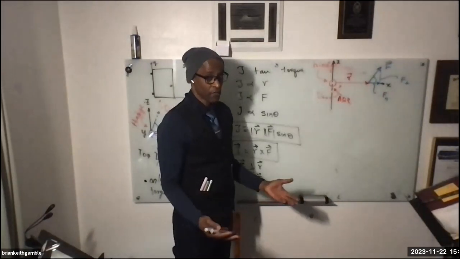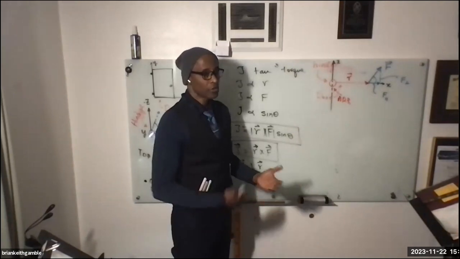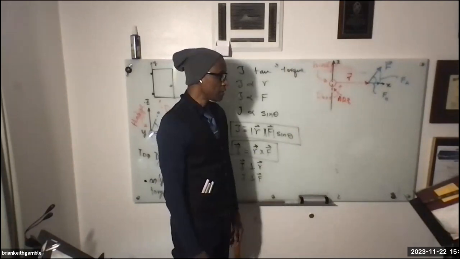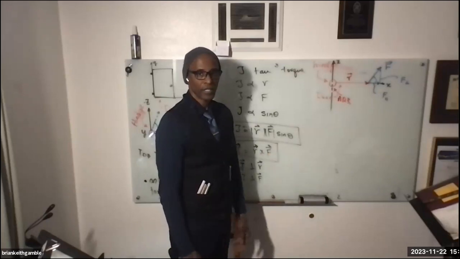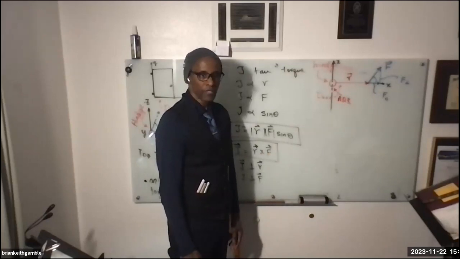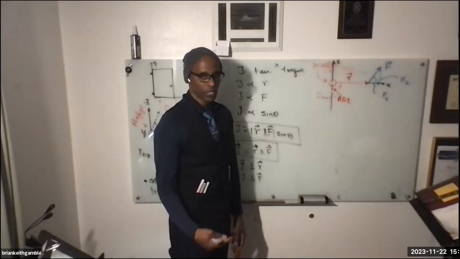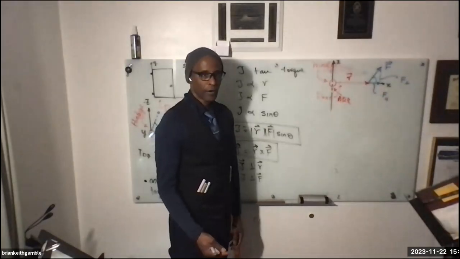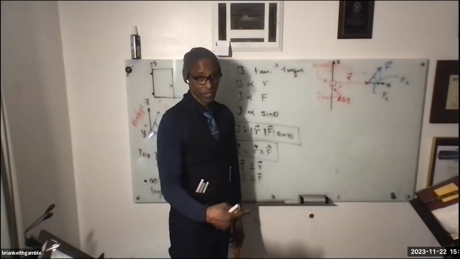That means the angular velocity changed, which means that it also had an angular acceleration. We've already defined all those quantities last chapter, but that's basically what a torque is. It is the thing that causes a change in rotation.